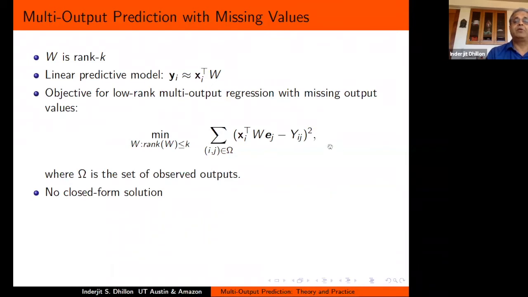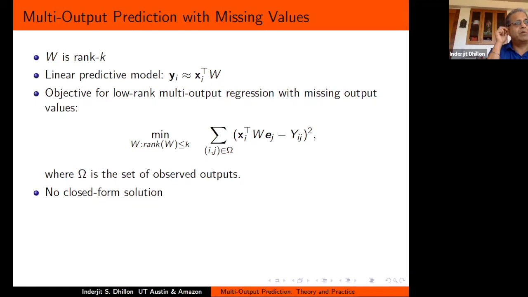So you get a similar objective as before, except now you only have the squared loss over the known values, and you ignore the missing values. At the same time, you have a low rank constraint on the coefficient matrix.